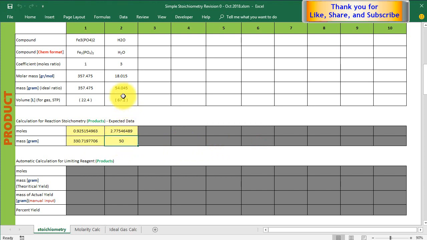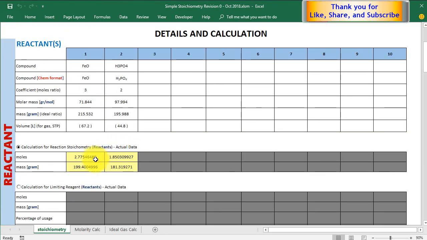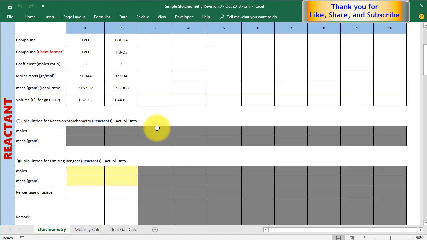We expect the water to be about 50 grams, and it calculated that we need around 199.4 iron oxide to be reacted with 181.3 phosphoric acid.